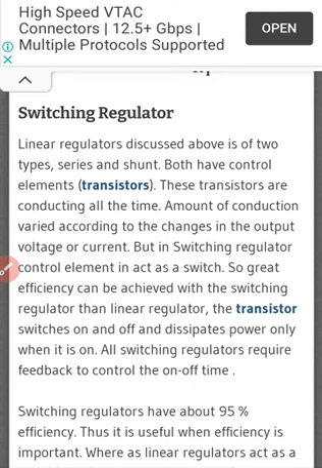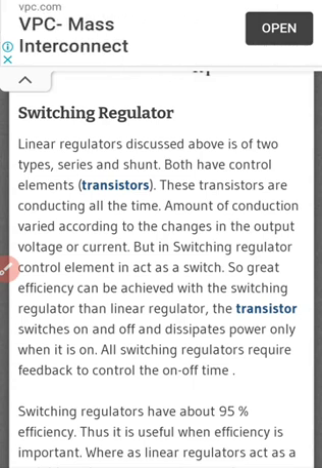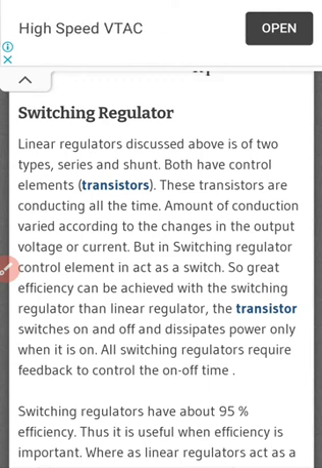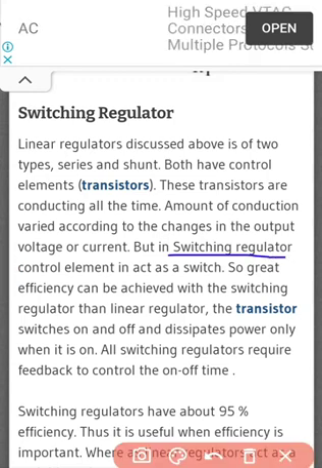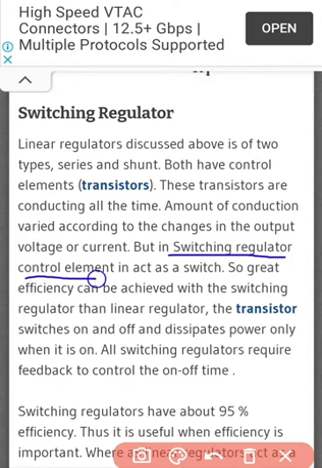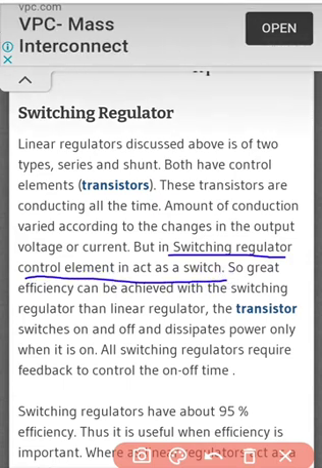But in the switching regulator, what we have to address now is that the control element acts as a switch. So what makes it different is that in the switching regulator the control element acts as a switch.